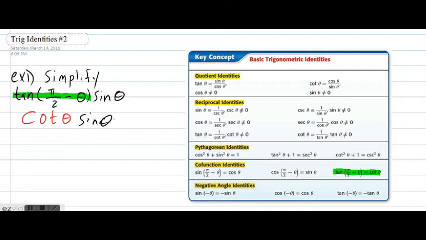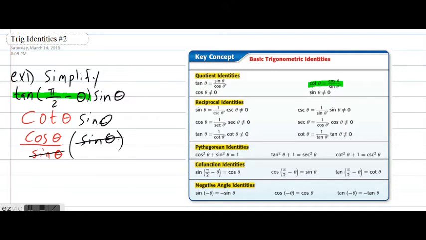Now, cotangent. So cotangent can now be written as cosine of theta over sine of theta. Okay, so cotangent of theta is cosine of theta divided by sine of theta, and then again I still have times the sine of theta.